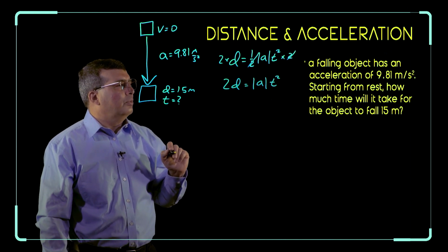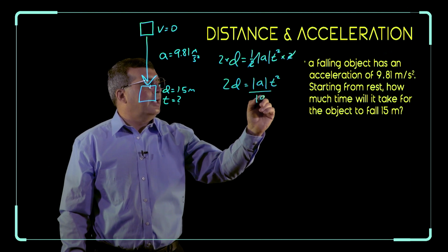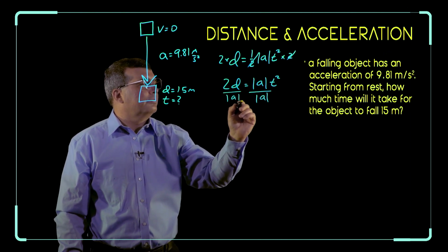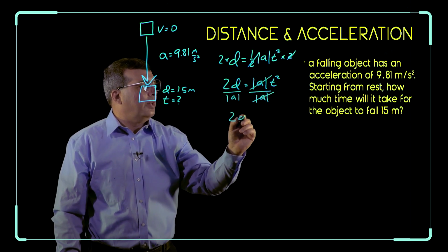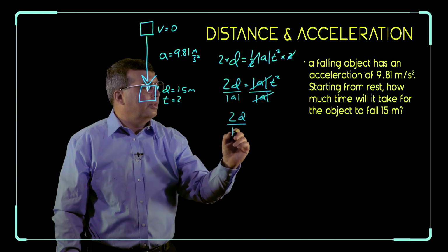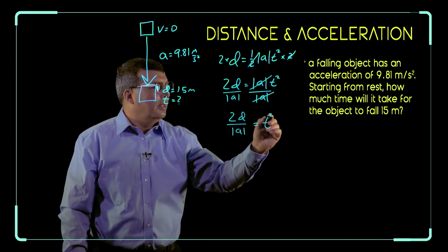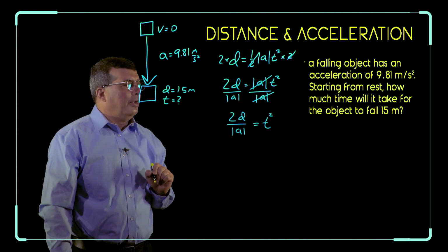Now, to eliminate the acceleration on this side of the equation, I will divide by the acceleration. That cancels out the acceleration. So I have twice the distance over the absolute value of the acceleration is time squared. So this side is equal to the square of time.